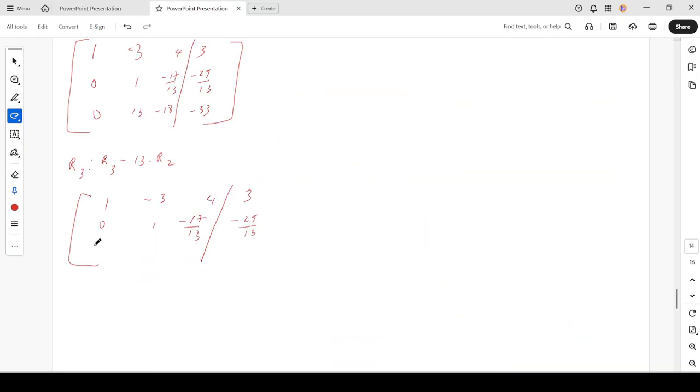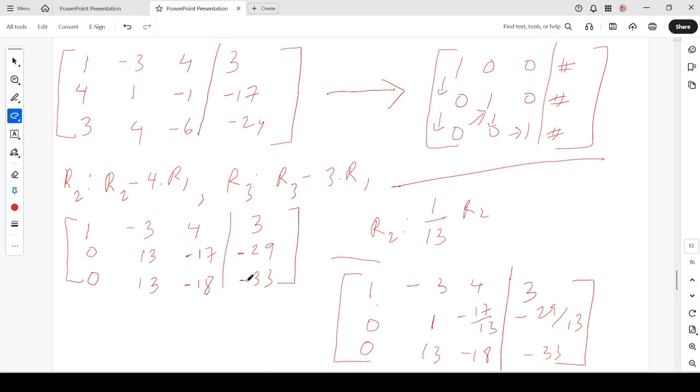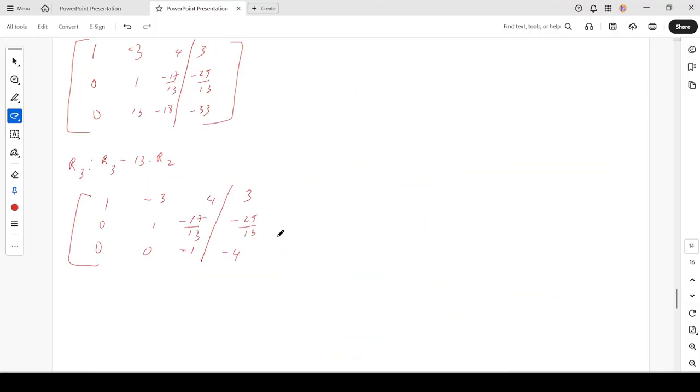So that would be 0, 0, negative 18 plus 17, so negative 1, negative 33 plus 29. That would be negative 4, right? Yeah, negative 4. So there is a negative 1. We don't want negative 1. We want positive 1.